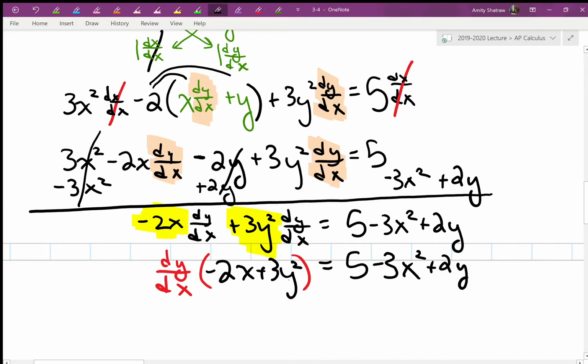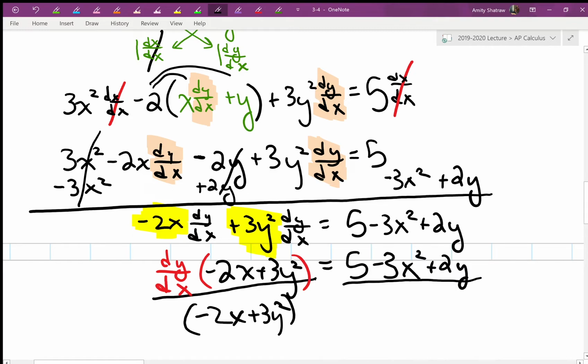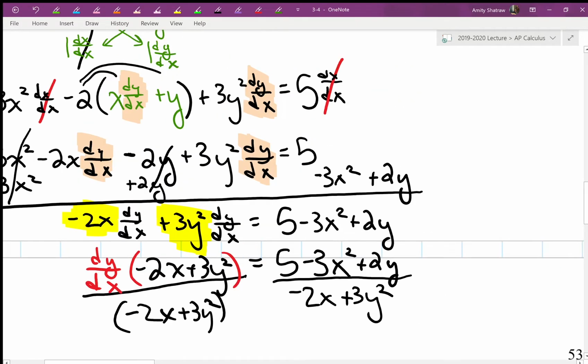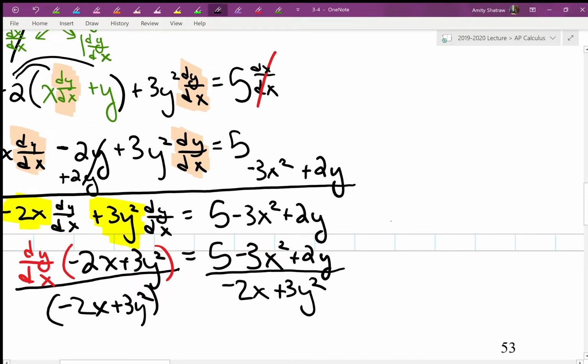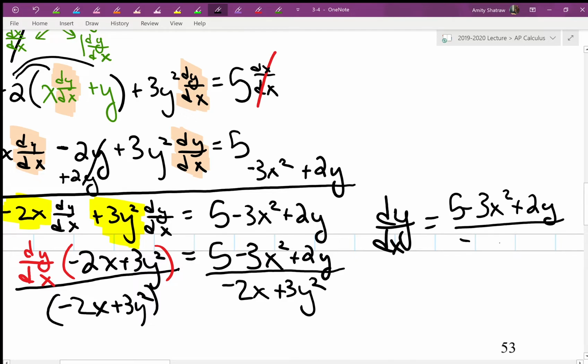And I can see now that if I divide by negative 2x plus 3y squared, then my final answer is going to be that dy dx equals 5 minus 3x squared plus 2y all over, ready, negative 2x plus 3y squared. It's pretty ugly, but it's totally workable.